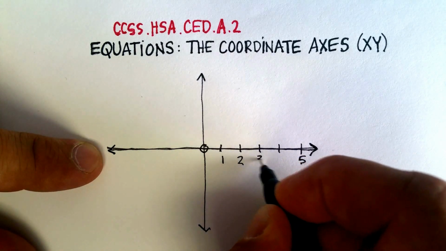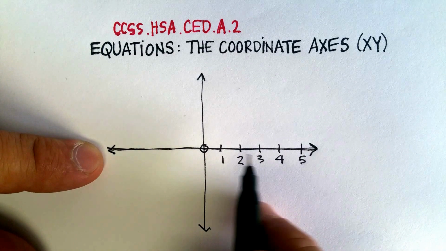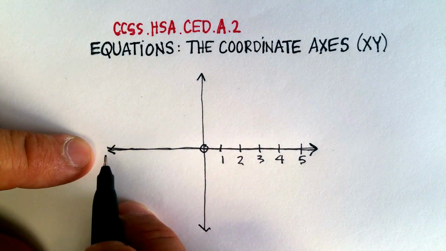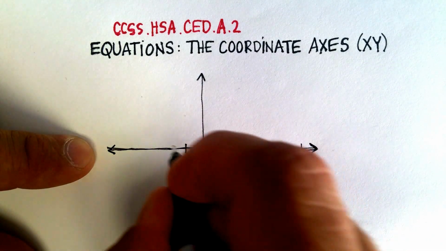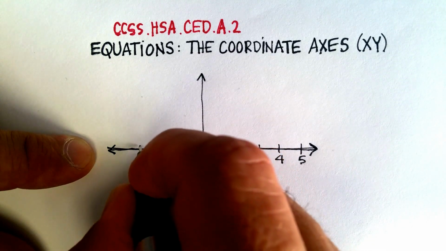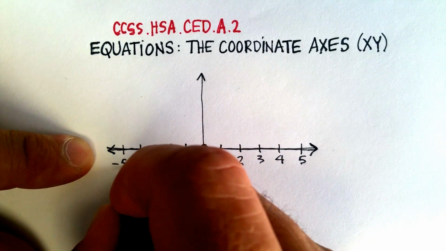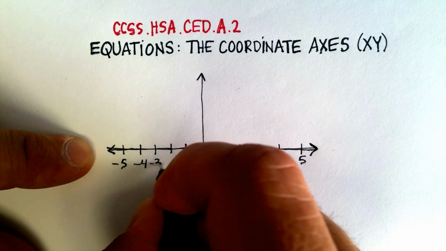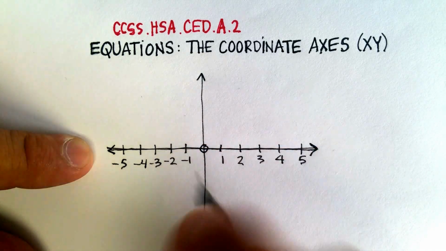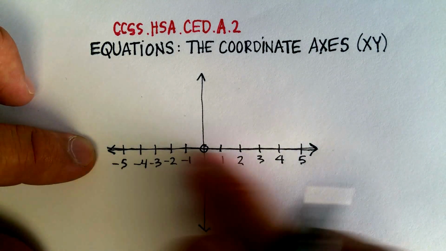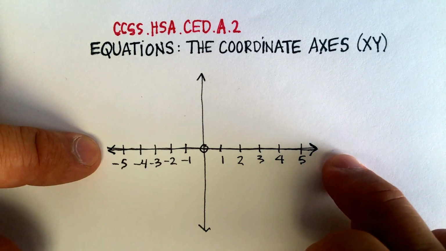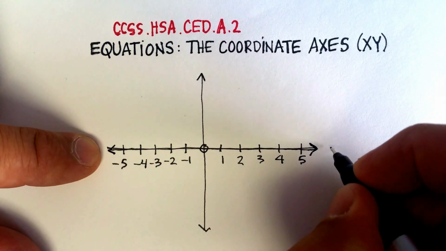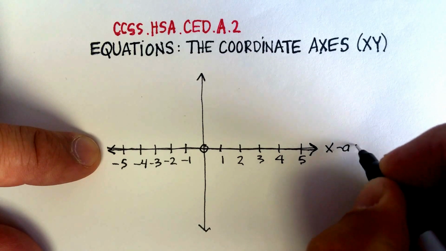And then you'll see the same thing extend in the opposite direction. There's -1, -2, -3, -4, -5. Now that's just the number line in one dimension. It's also sometimes called the x-axis.